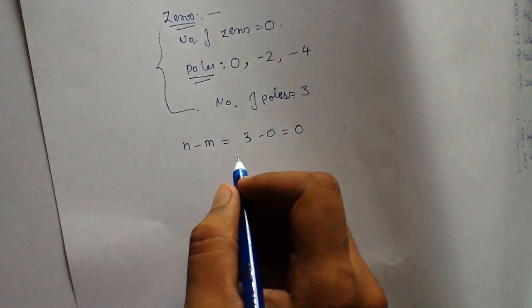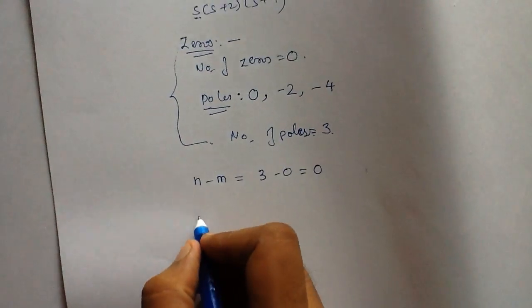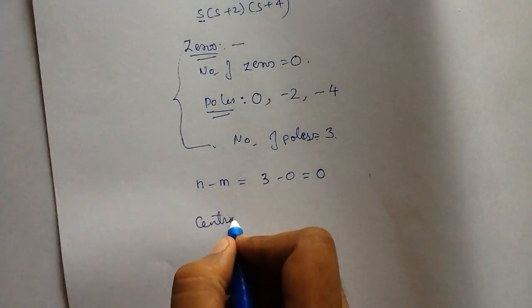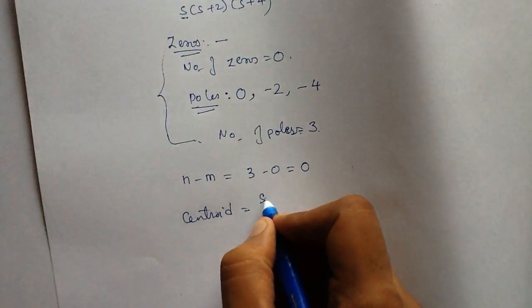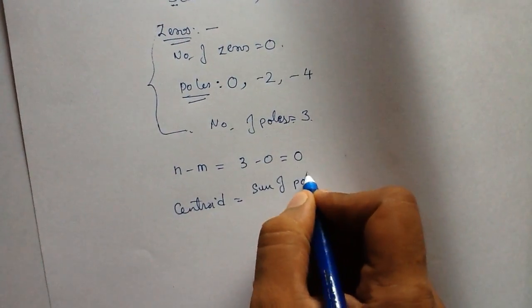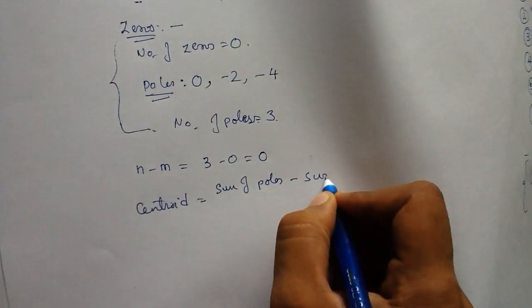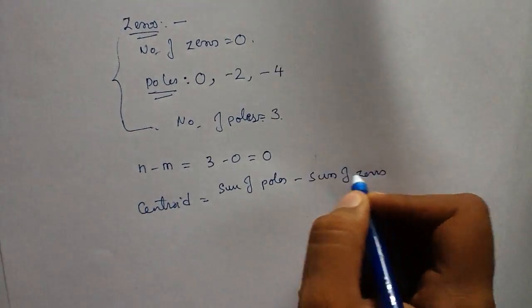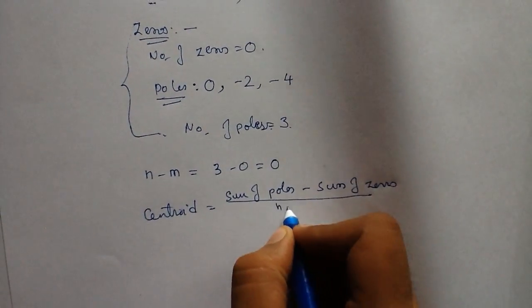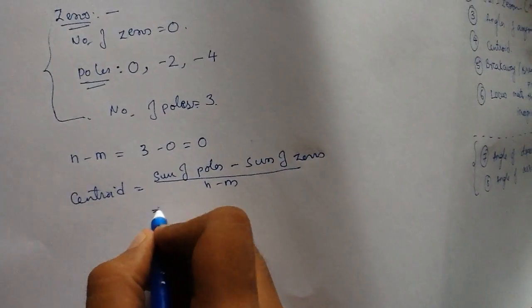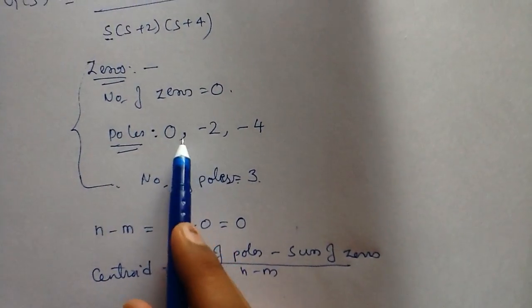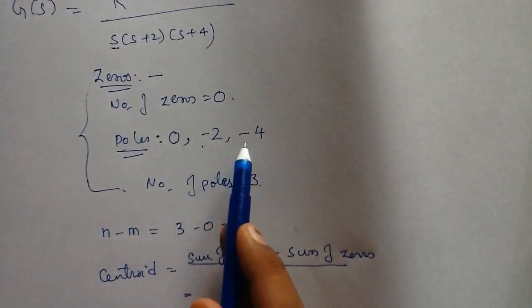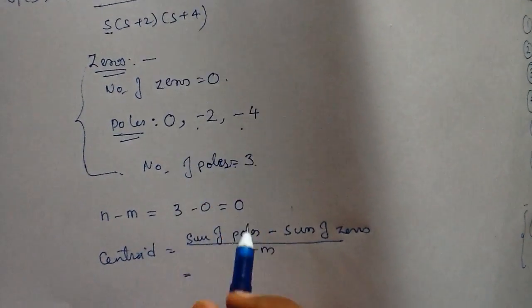Once we have found n minus m, we need to find the centroid. The centroid is nothing but the sum of poles minus the sum of zeros, divided by n minus m. So what is the sum of poles? Sum of poles, that is 0 plus minus 2 plus minus 4, that is minus 6.